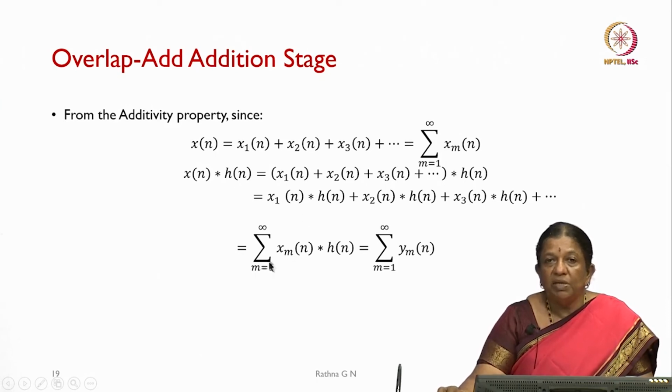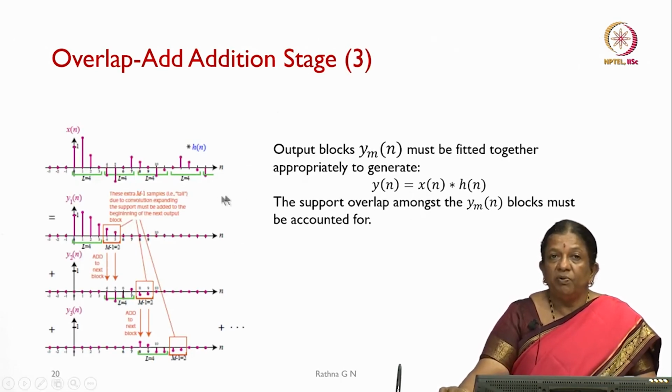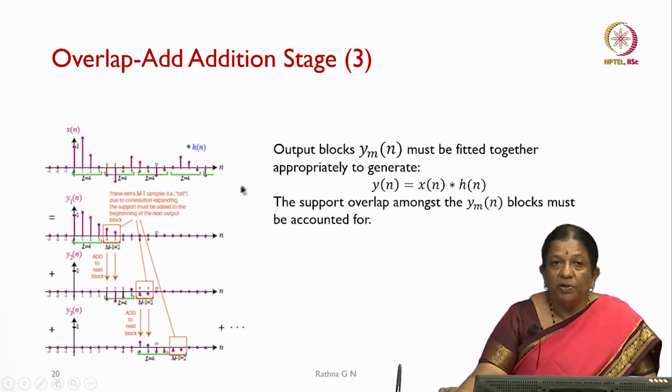So, we can do them individually: x_m[n] convolved with h[n], with m varying from 1 to infinity, and then sum all of them. We add all the y_m[n] values, which gives us the complete overlap-add output.